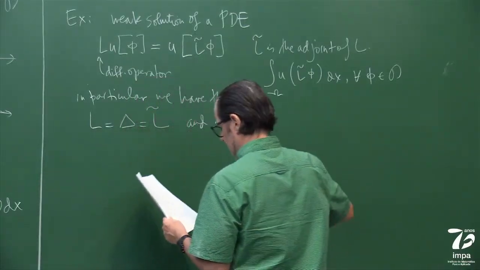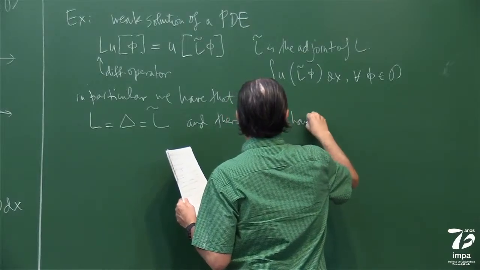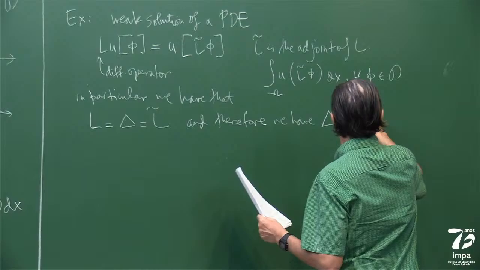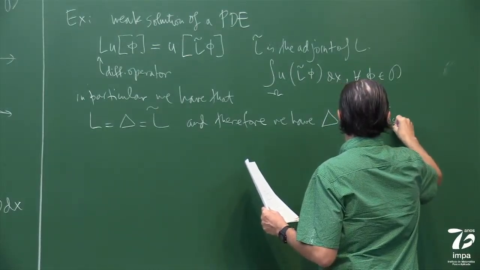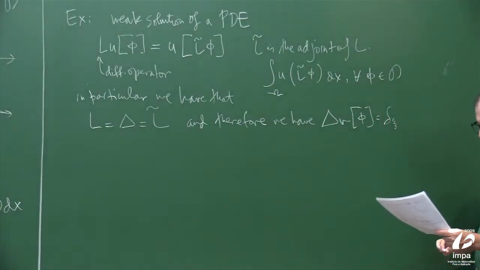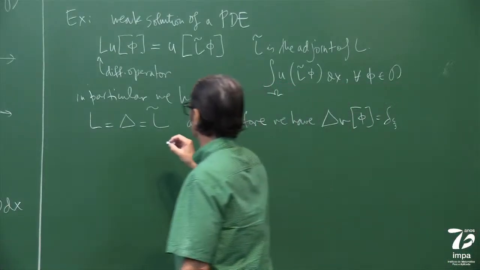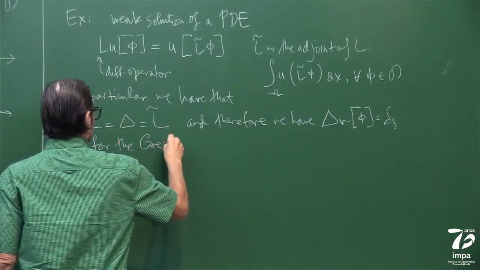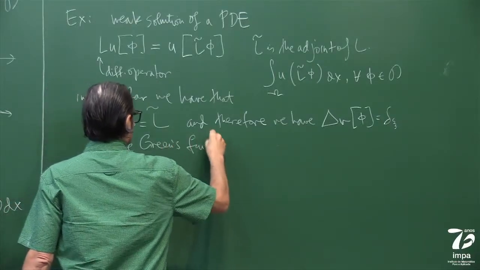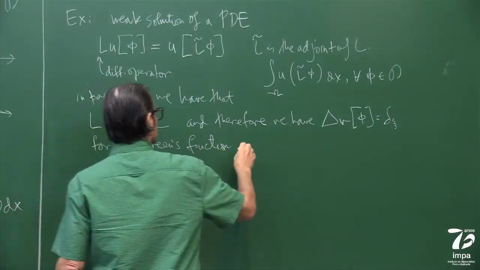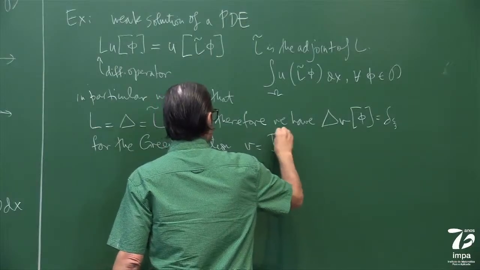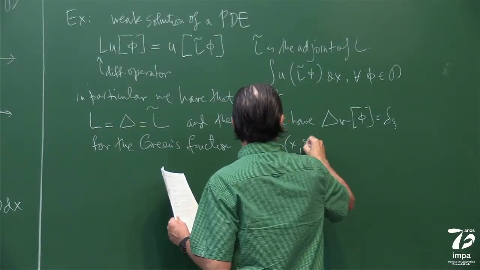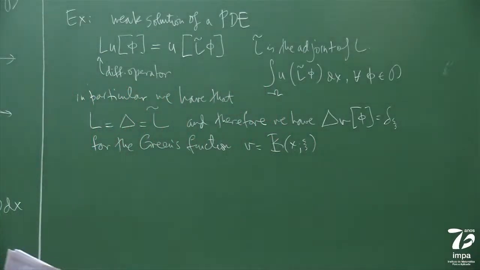And therefore, we have for the Green's function, V equal to kappa, let's see what's the notation I'm using here, X and Xi. Okay, I already did this.